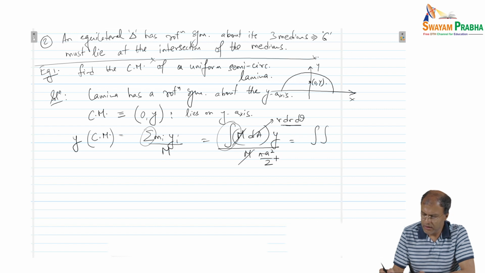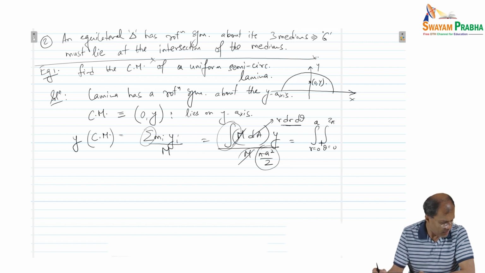The double integral will have the integration over r, where r is between 0 to a, and theta is between 0 to 2 pi, and this was the mass per unit area, so we multiplied with the total area.